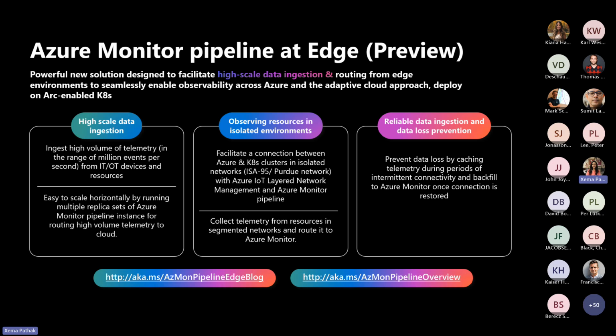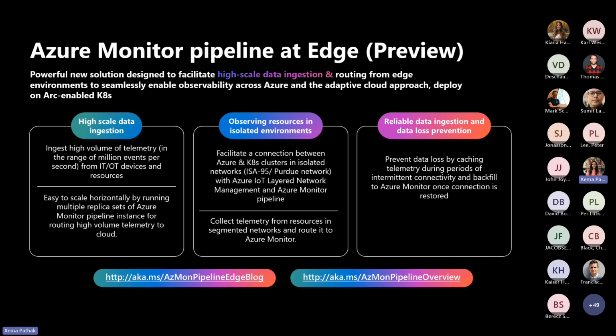And if it's isolated, it's really difficult to deploy Azure components in those resources that reside in the segmented networks. So with Azure Monitor Pipeline at Edge, and there is another component in Azure called IoT Layered Network Management, which is essentially kind of a proxy, along with this you can use this Edge pipeline to deploy it and get telemetry from the resources that are located in these constrained environments.